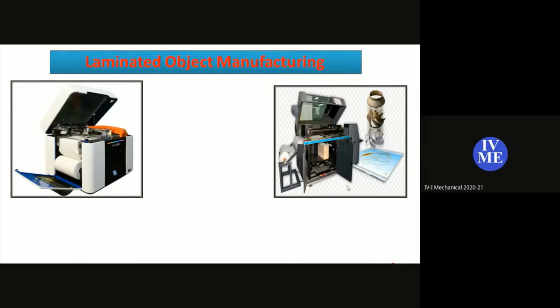Okay, so in this figure we have shown the Laminated Object Manufacturing machines. These machines were first developed by the Helisys company. Helisys developed these two machines in the year 1985. They invented the Laminated Object Manufacturing machines, but these machines were not up to the market.